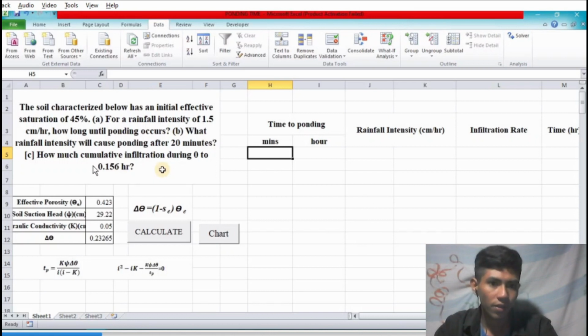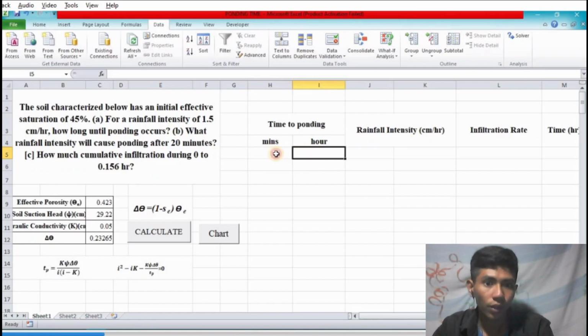But we're not given a rainfall intensity and time to ponding. So what we will do is use the Green-Ampt method. Let's go there.